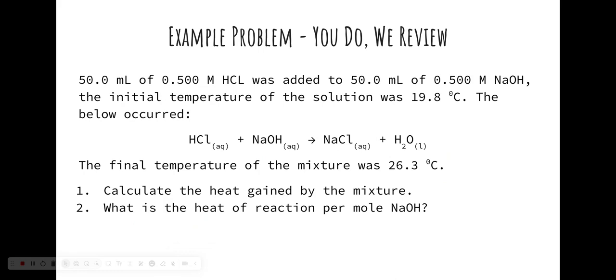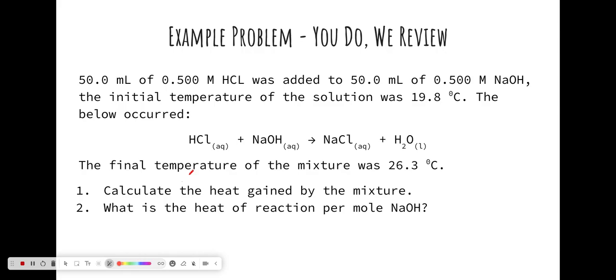Hopefully you remember that this is an acid-base neutralization reaction. And when that happened, the temperature increased to 26.3 degrees Celsius. I want you guys to try to calculate the heat gained by the mixture, and then what is the heat capacity per mole.